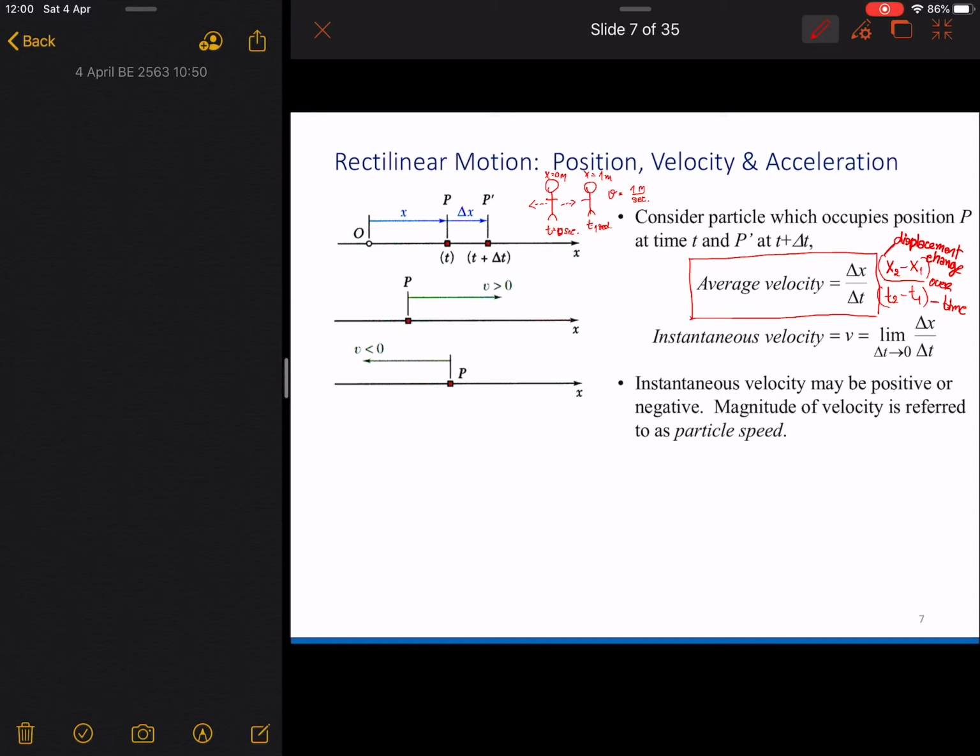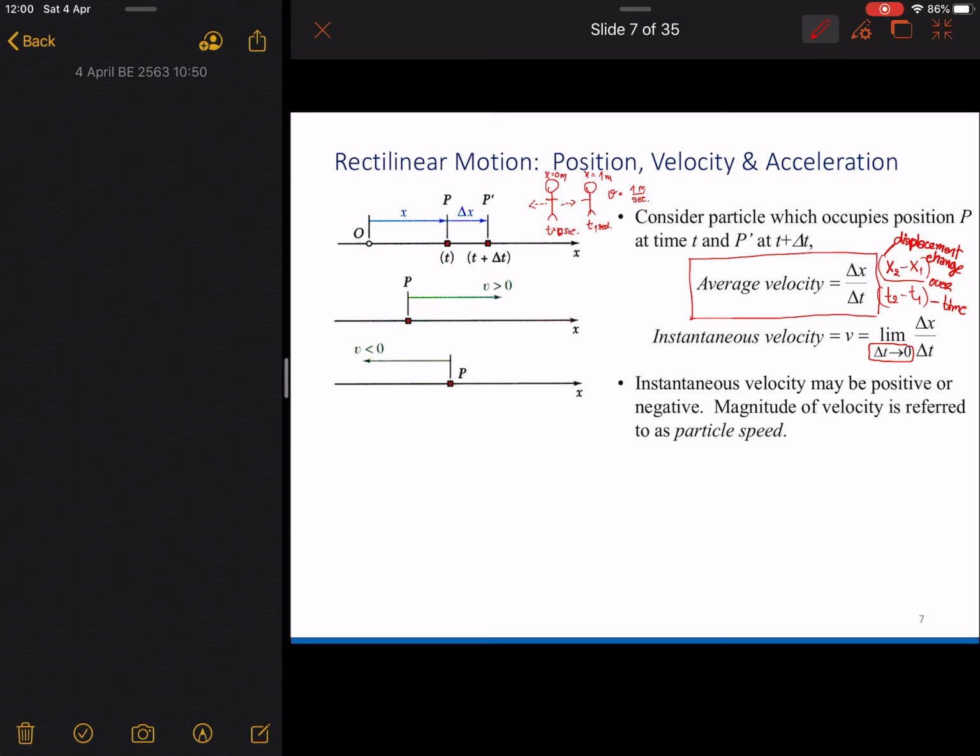But in terms of instantaneous velocity, the time here is a really important term. The delta t is really close to 0. So now we can also use calculus to help calculate these formulas.